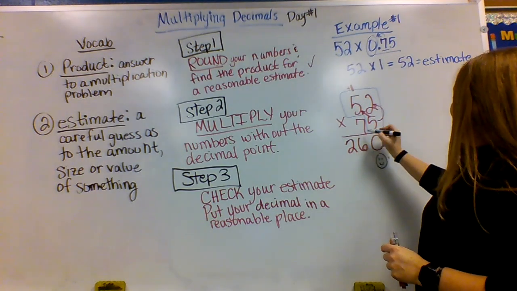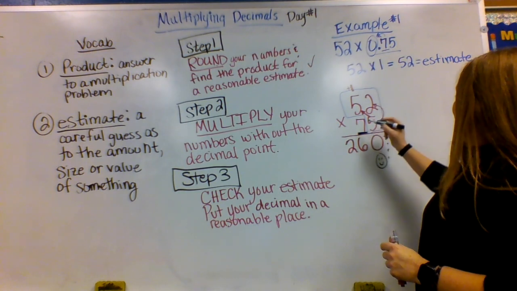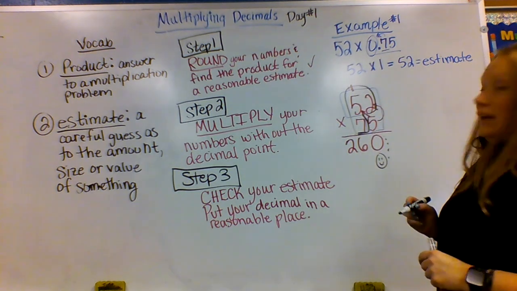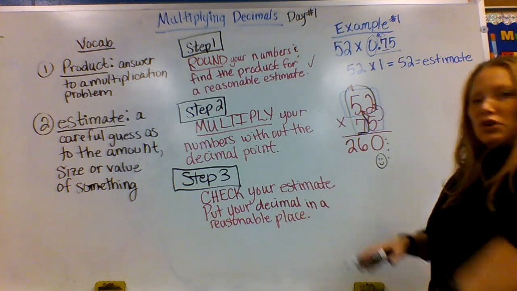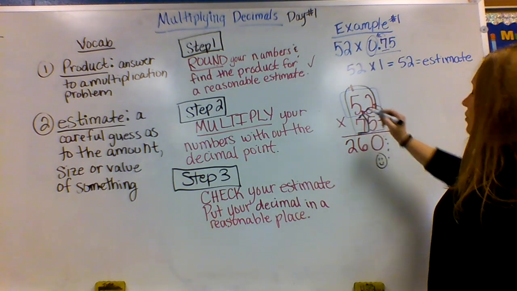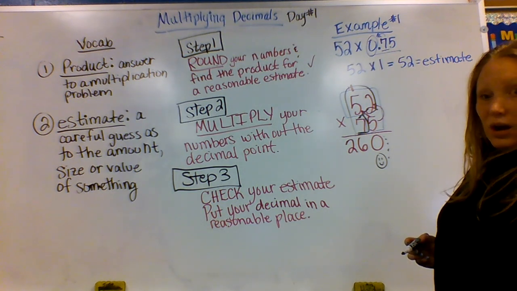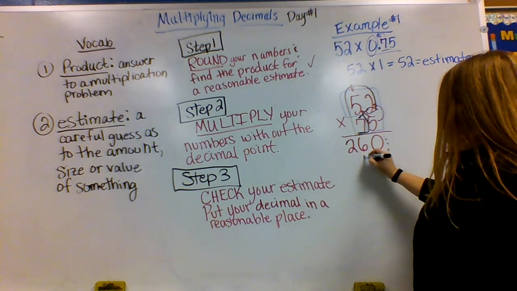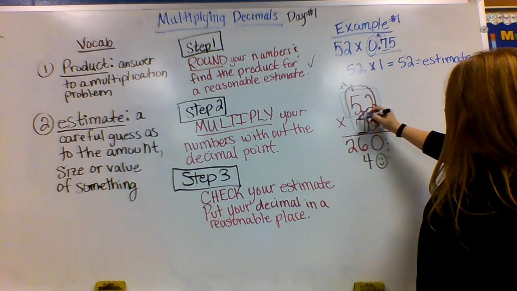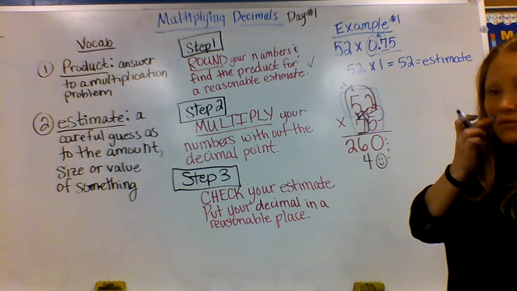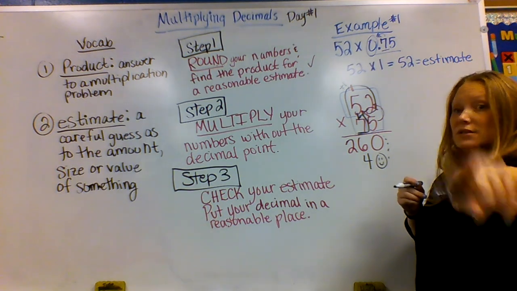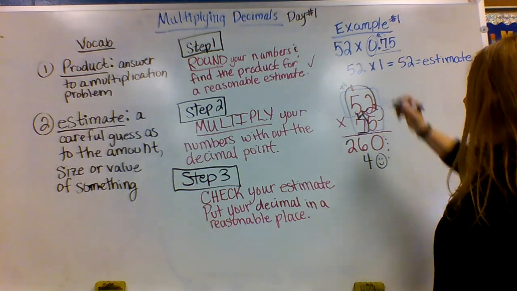Now I have to multiply 7 times 52. Okay? I like to call that the reverse turtle hen. So 7 times 2. What is 7 times 2? 14. Carry the 1. 7 times 5. 7 times 5 is 35.